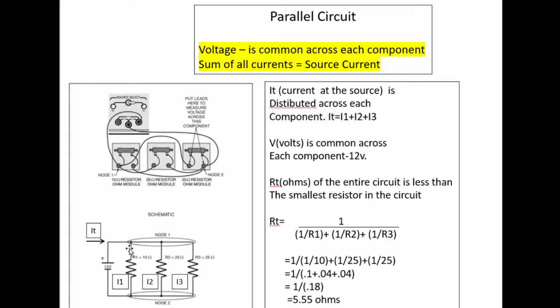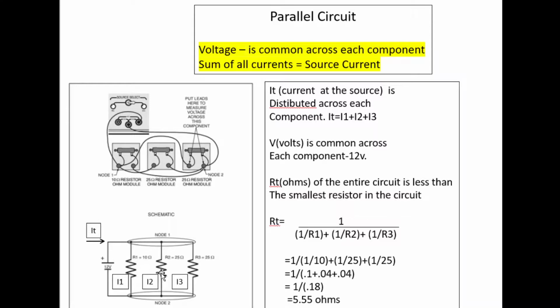So let's take a look at how much current is going through this first leg here, which is I1. So we got the equation, I is equal to the voltage across V divided by the resistance. The voltage is 12. So 12 divided by 10 ohms is 1.2 amps, right?